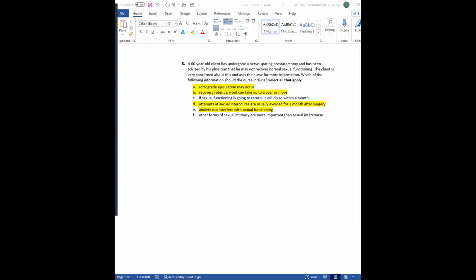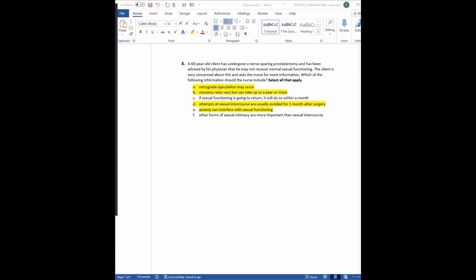It's a smooth muscle relaxer. The antidote is calcium gluconate. That's the antidote for magnesium sulfate.